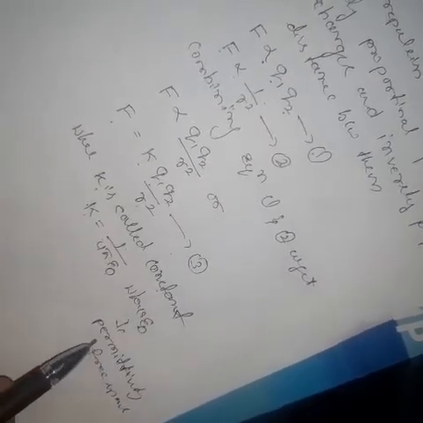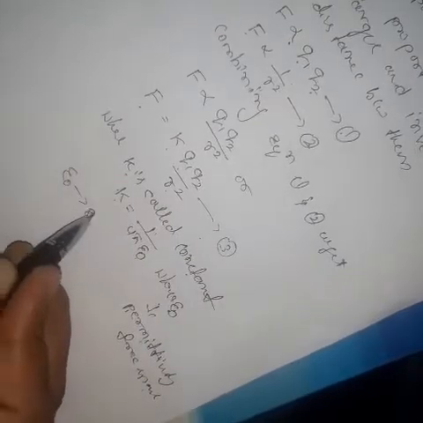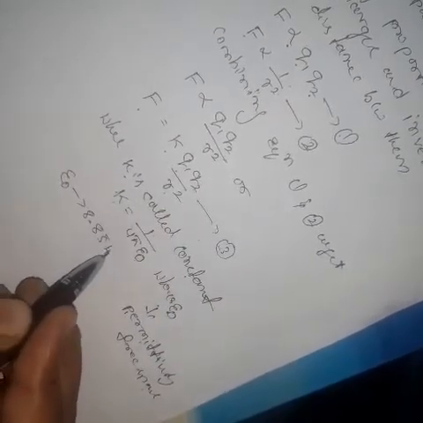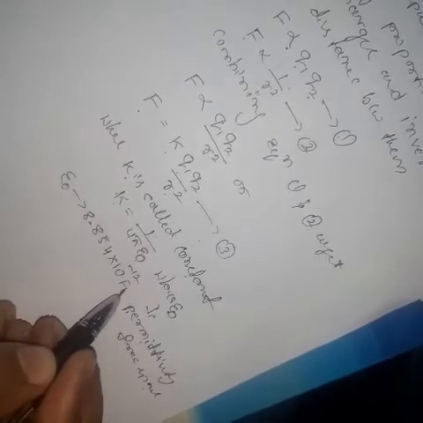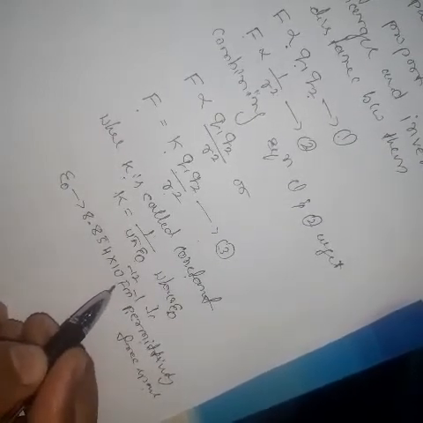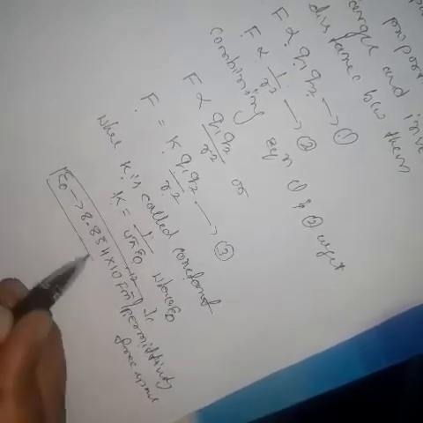Epsilon naught is a physical constant, the permittivity of free space. Its value is 8.854 into 10 power minus 12 farad per meter, F being the farad and m the meter inverse.